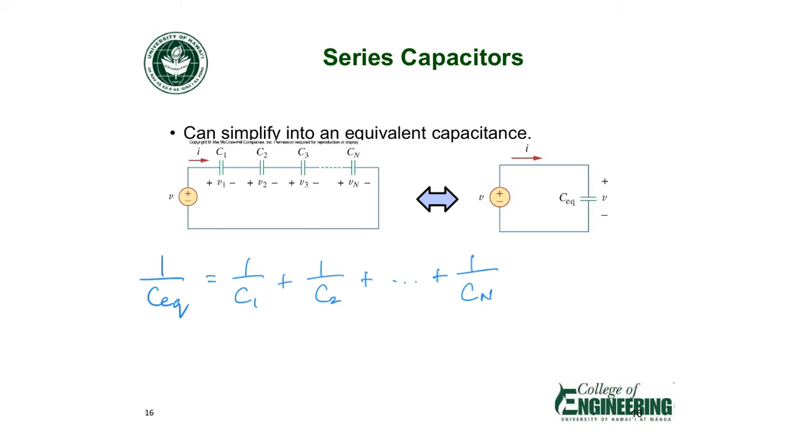So when I'm putting capacitors in series, the total capacitance, or the equivalent capacitance, is going to decrease. Similar to resistors in parallel.